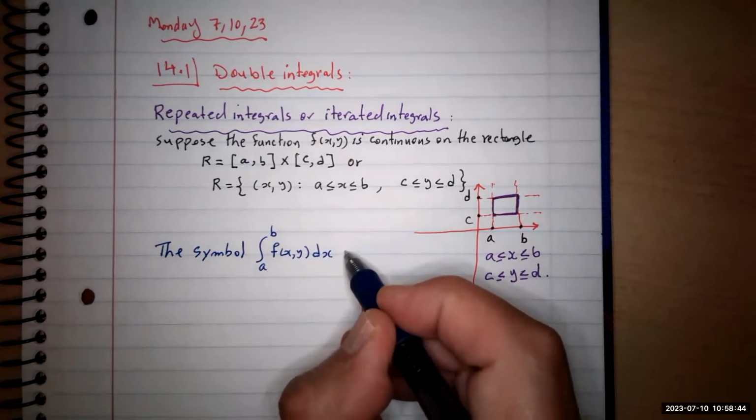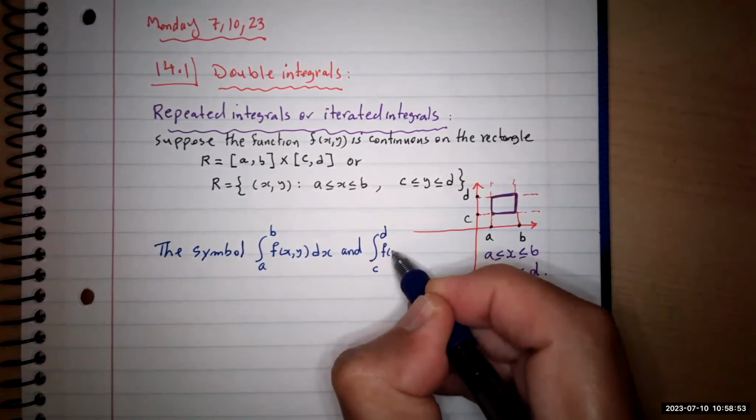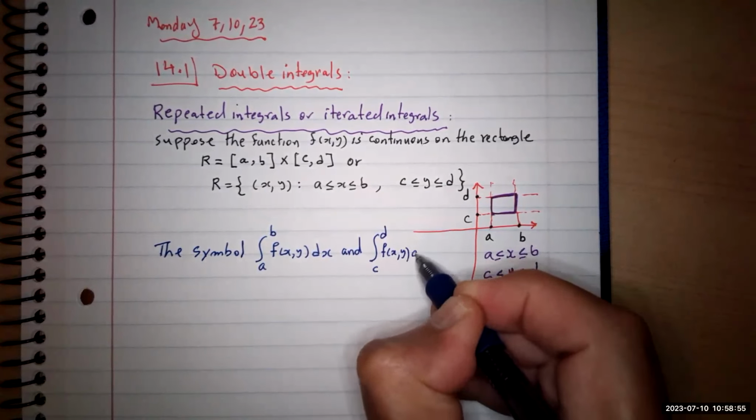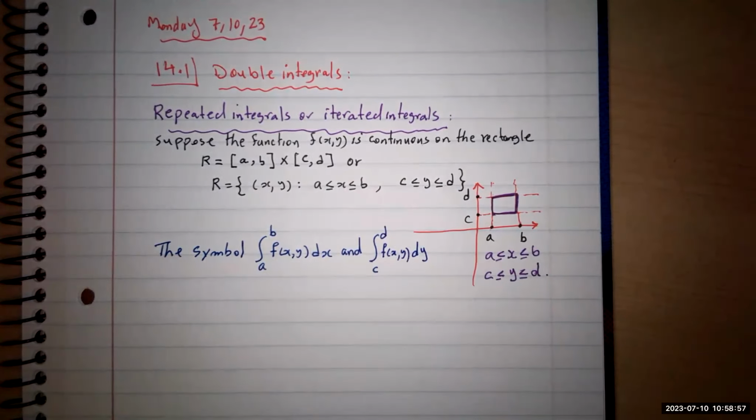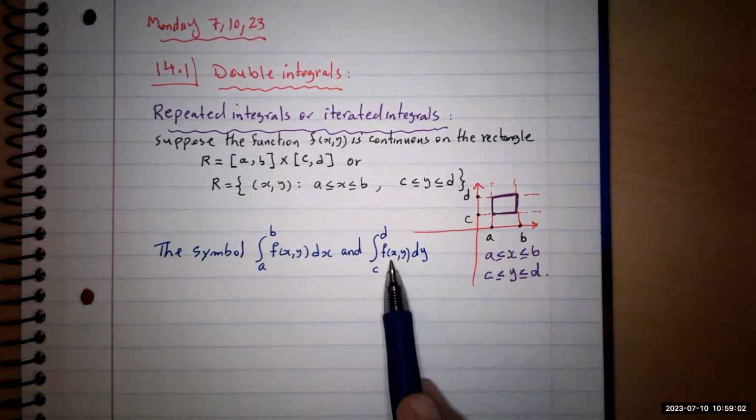And we are going to have another one: the integral from c to d, f of x comma y, but this time dy. So you integrate with respect to y and freeze the x.